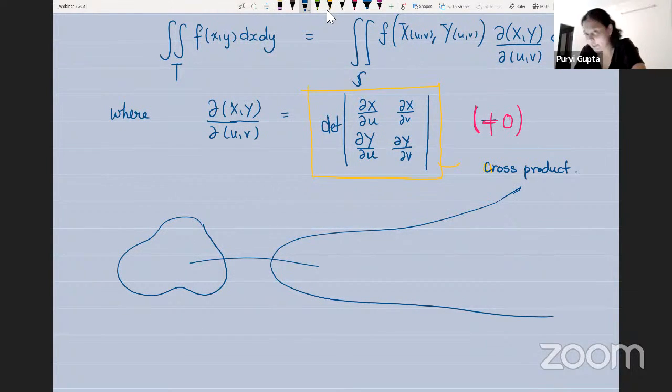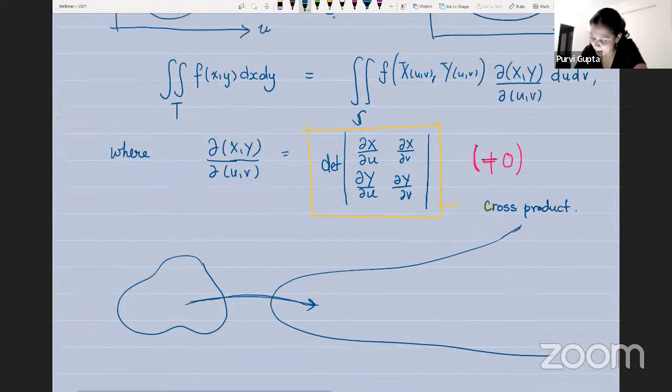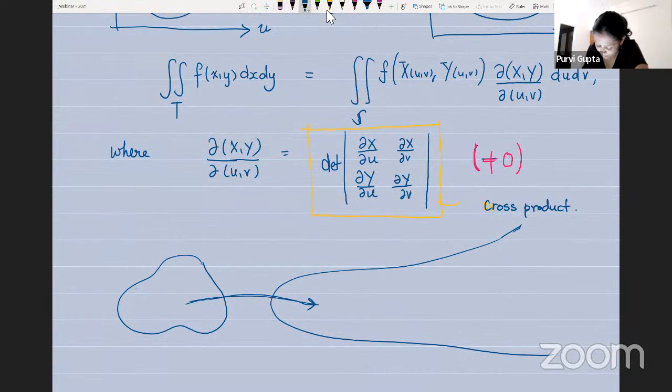Technically, there are transformation laws that allow you to do this. The only issue is that if you try this for the constant function 1, then you are actually computing area. The area of this will be finite, and if I draw a bad region here, this area will be infinite, right?